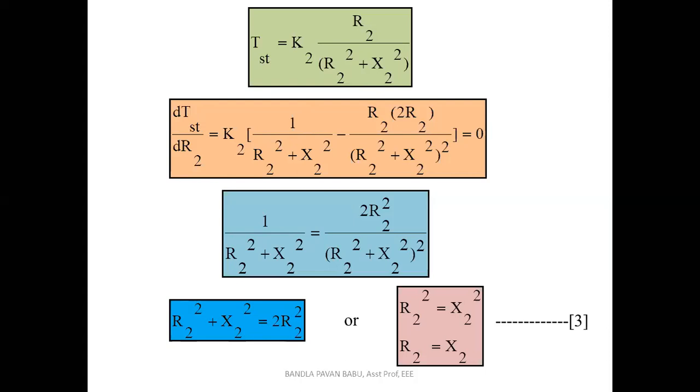It is V into U dash plus U into V dash. Consider the numerator R2 as U and the denominator as V. There we get V into U dash. I think you know the derivative of x power n, which is n into x power n minus 1.